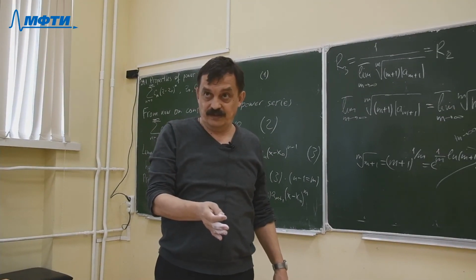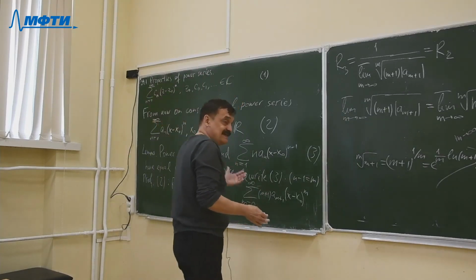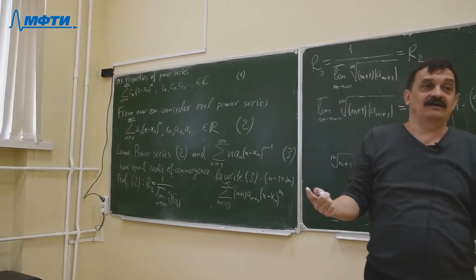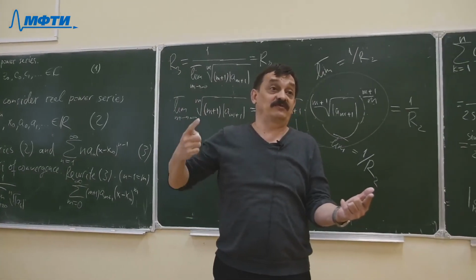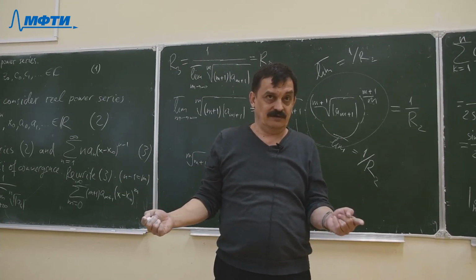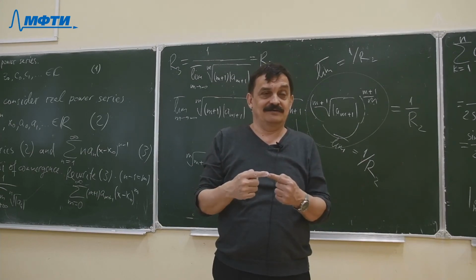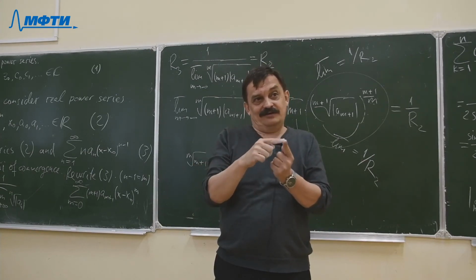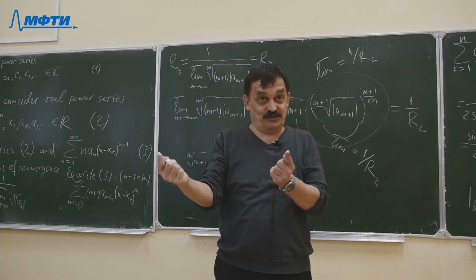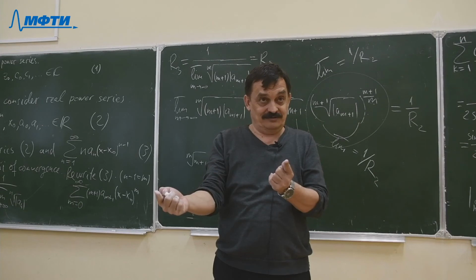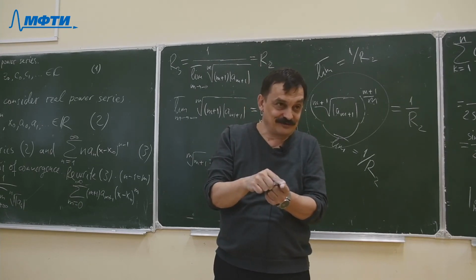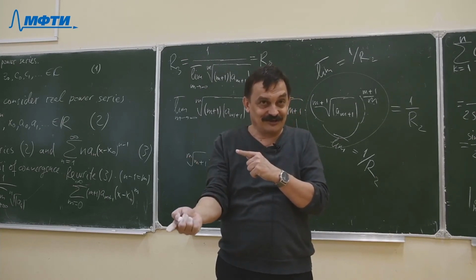So the lemma says that the radii of convergence of the series and of the term by term differentiated series are equal, and vice versa.